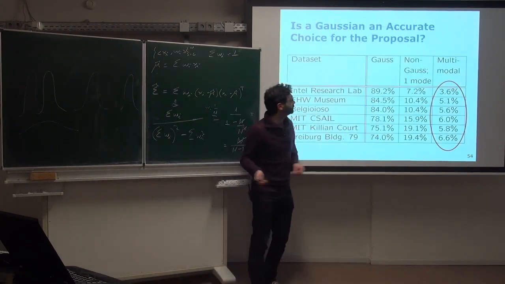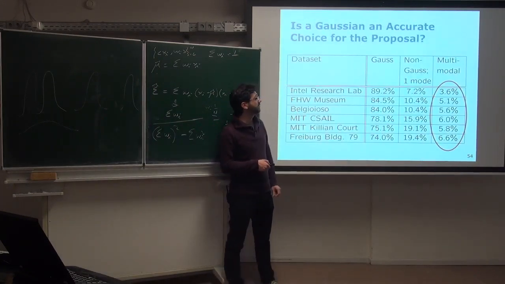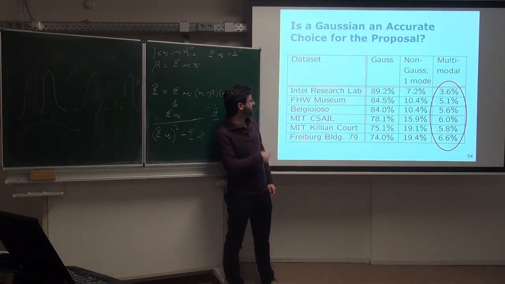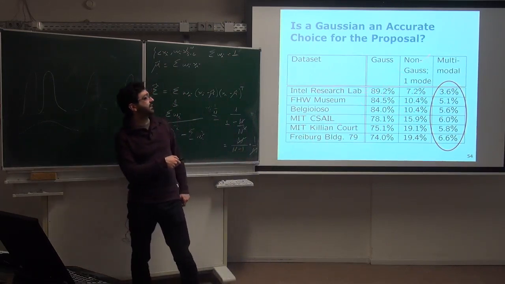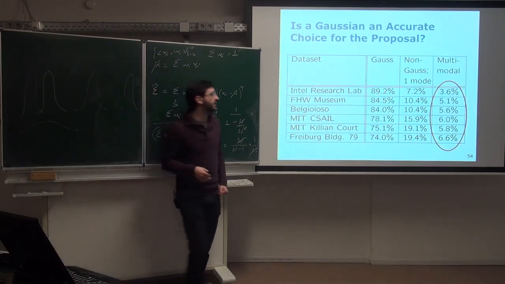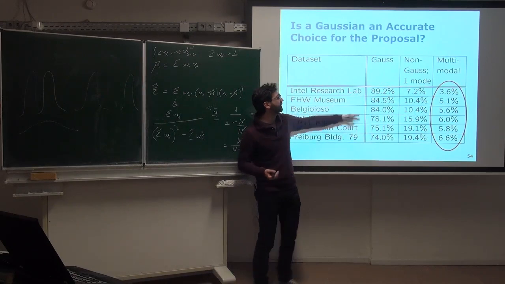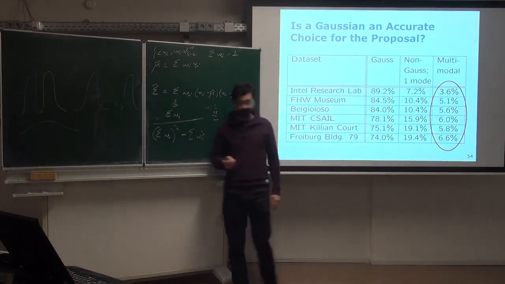So if you do this test, we actually end up, on the data sets that we have seen, with some of them, like the Intel, where the Gaussian approximation is quite good, so it passes the test around 90% of the time, in some others 84, or in some others 75.